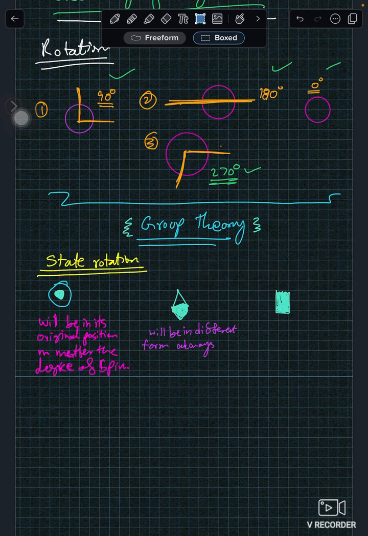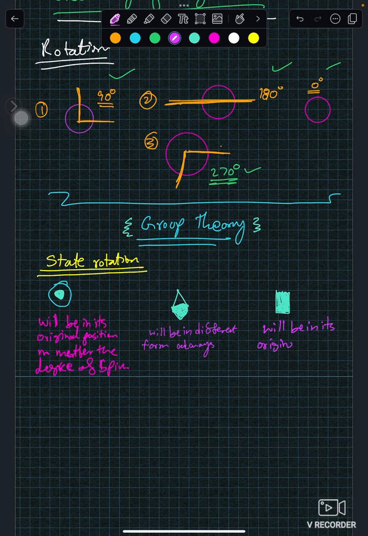It came back to its original position. So what I want to say is that here it will be in its original position with twice the spin.